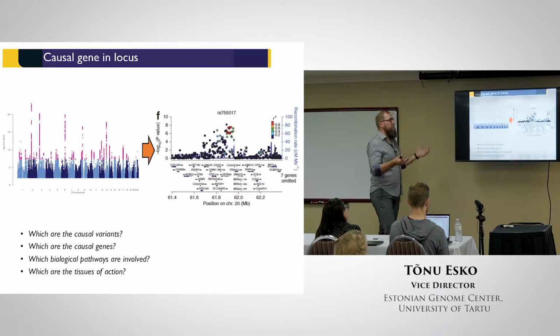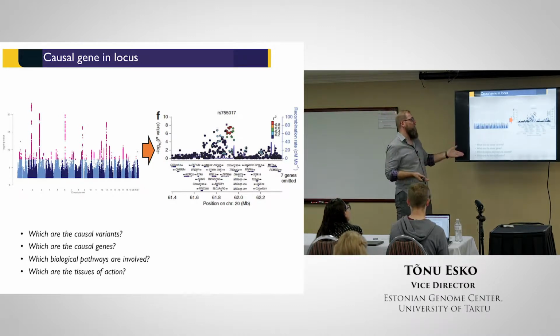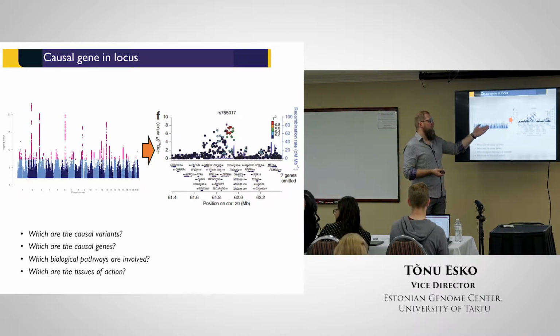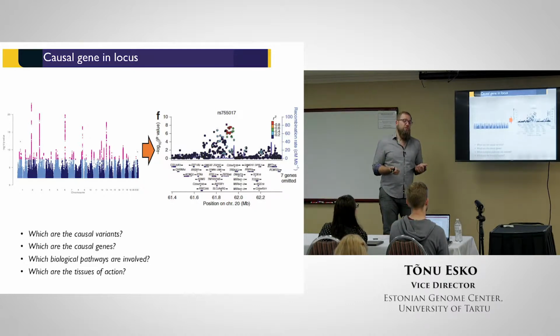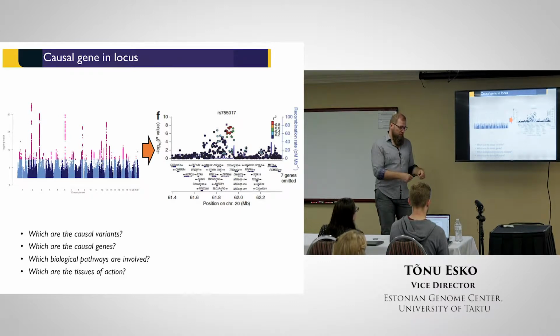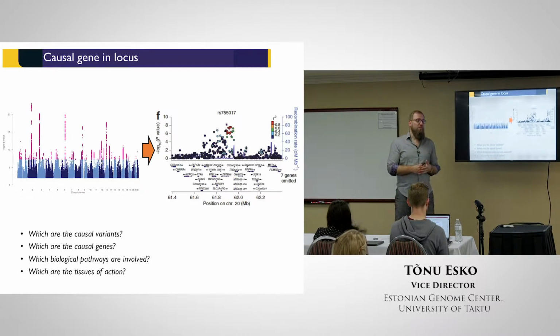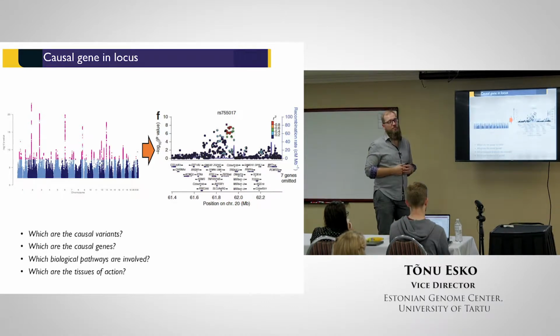There are other problems, and even if we figure out the variant or the gene, we don't know in which of the tissues this is important. Does it affect our big toe, or our heart, or our brain, or a certain region of the brain? Such a flat plot doesn't help us further.